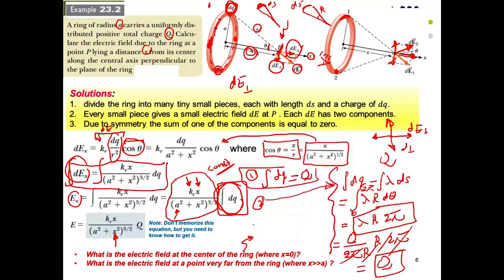So if x is 0, the electric field simply is equal to 0 because you have x here, right? So no electric field over here.